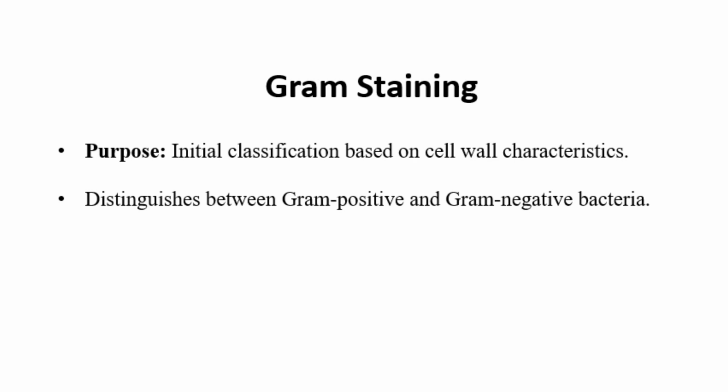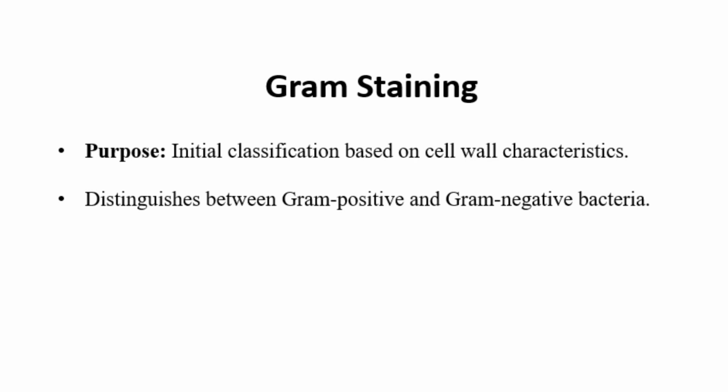In gram staining, gram-positive bacteria show blue or purple color in the laboratory test, and they also have thick cell walls.